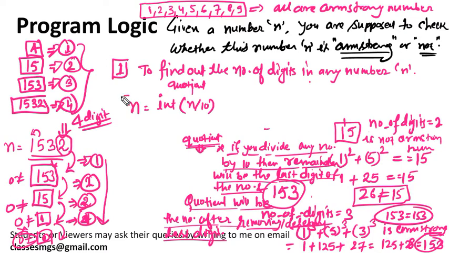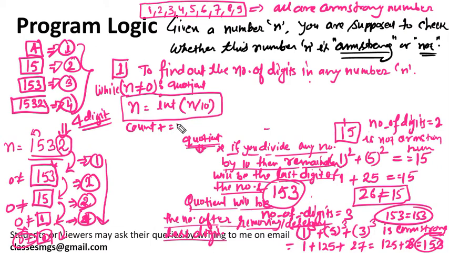So we need to keep on dividing this n by 10 while n is not equal to 0. While n not equals 0, keep on dividing this number by 10 and keep on incrementing the counter by 1. Initially we will have the count as 0.